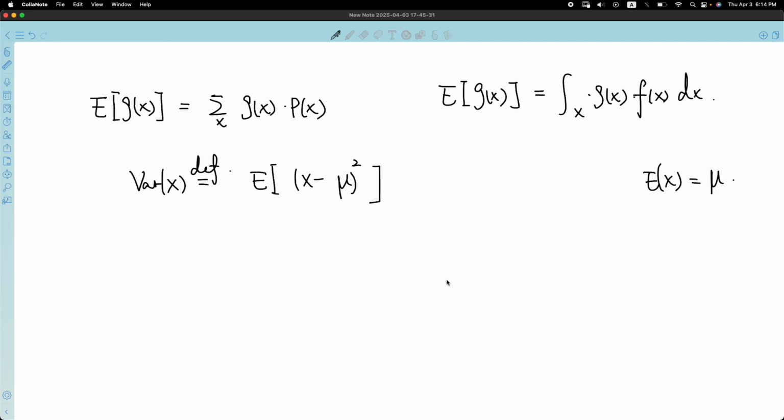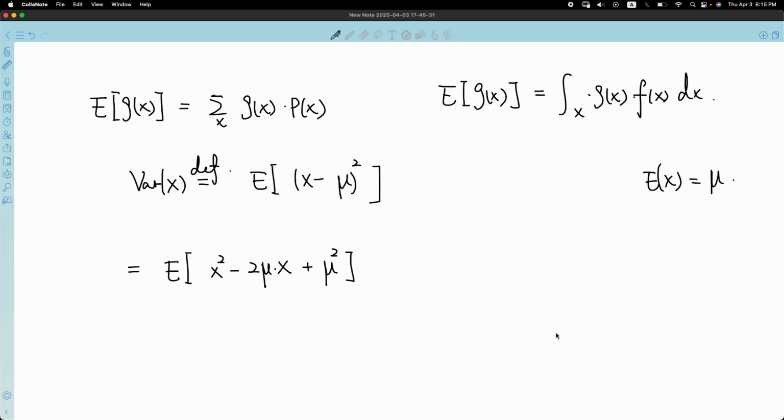And then we can also derive a shortcut or a formula for the variance by expanding the terms in the square bracket, in the square term. So we have the expected value of X squared minus 2 mu X plus mu squared.